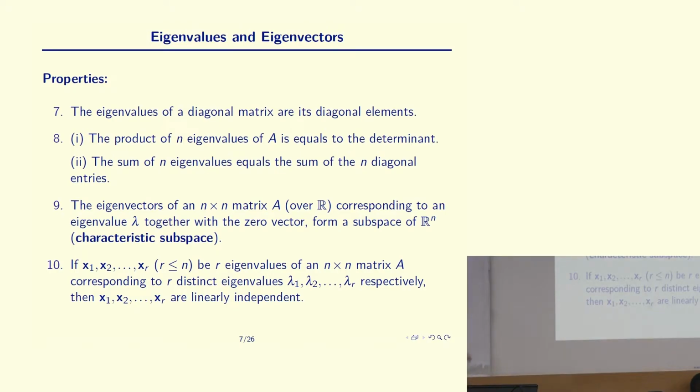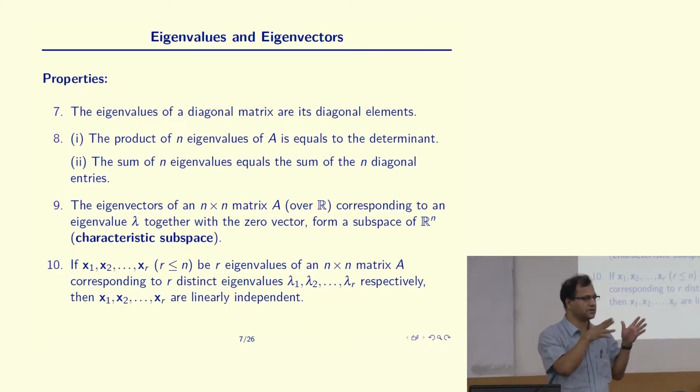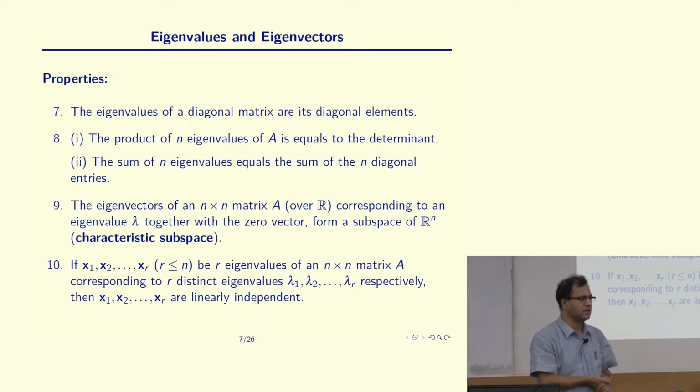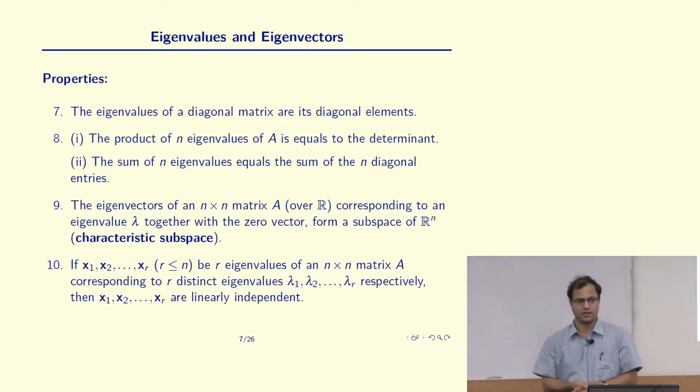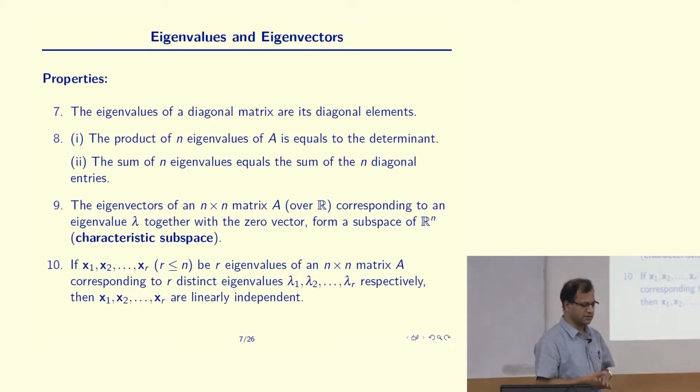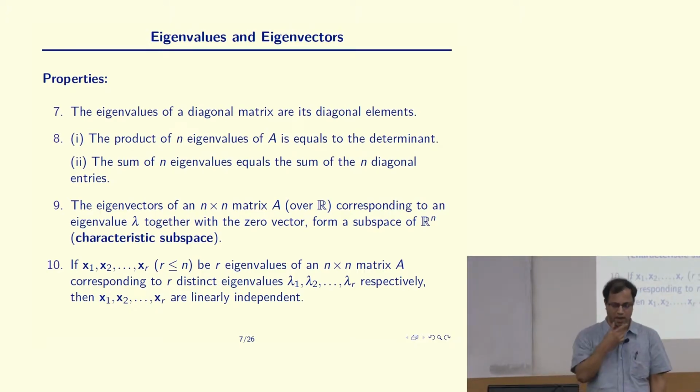So corresponding to distinct eigenvalues, the eigenvectors are linearly independent. This is a nice property. We need to use this in the diagonalization. So that's why I'm a little bit interested in proving this.